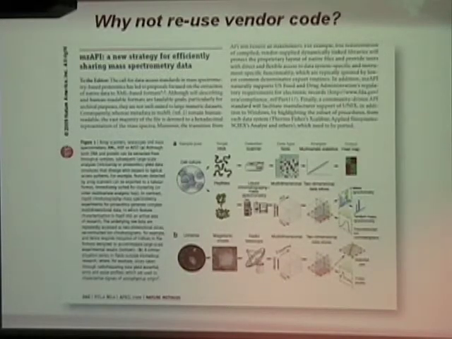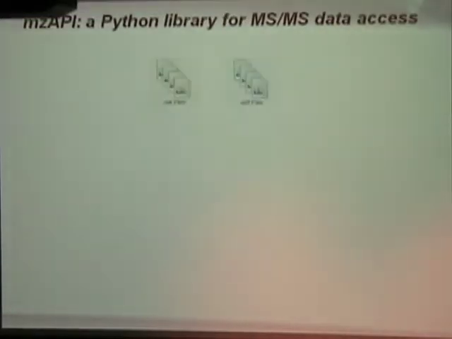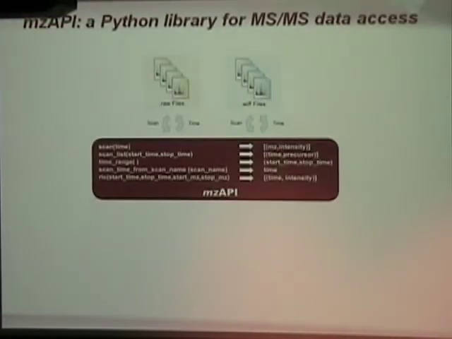And so you're seeing this in mid game. So our strategy is we will take a very easy to use language like Python, and we will wrap all of these formats in a lowest common denominator API that will allow people to look at the data efficiently.